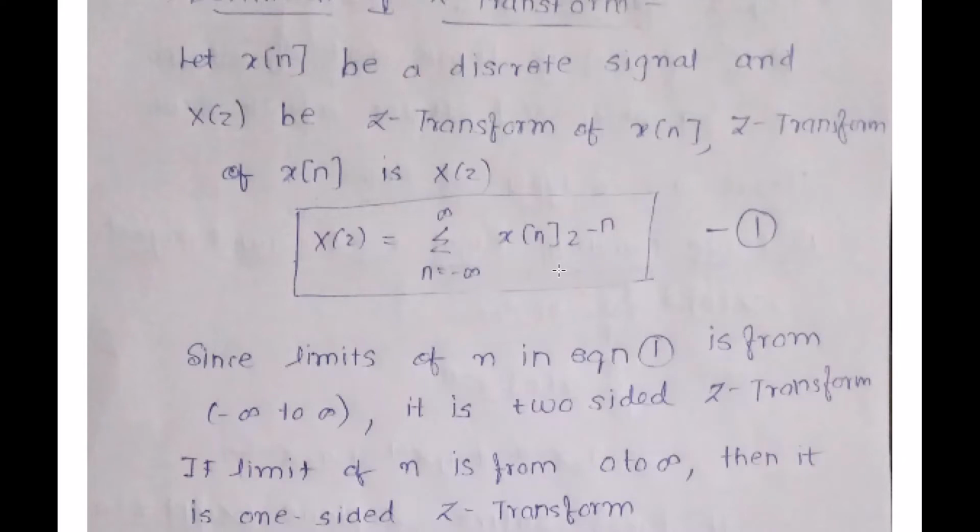Hence, I repeat, the Z transform is basically a technique in which you convert the discrete time signal into the frequency domain. It's a kind of circle in which you will have the real and the imaginary axis, and the radius will be given as r. I hope I'm very clear with that. Also, x of z is given as the summation from minus infinity to infinity of x of n z raised to minus n.